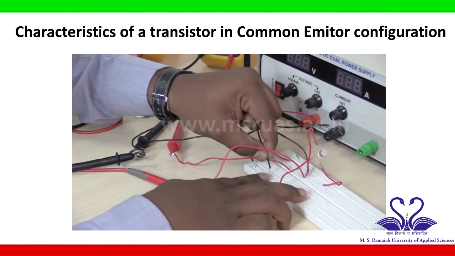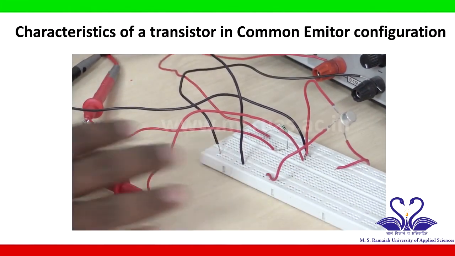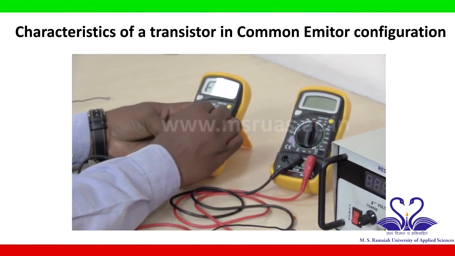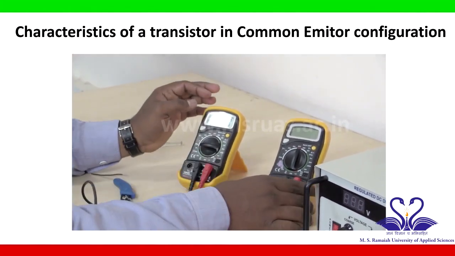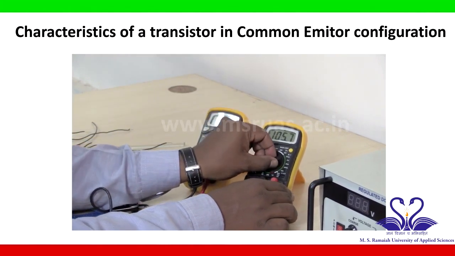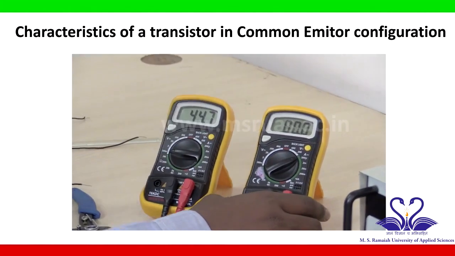So this is the ground line, connect to the ground. Now we have connected the input side voltmeter. So make this a voltmeter, keep it in a minimum range, and this we have connected as an ammeter. So bring it to the DC ammeter position, keep it in the 200 micro position.